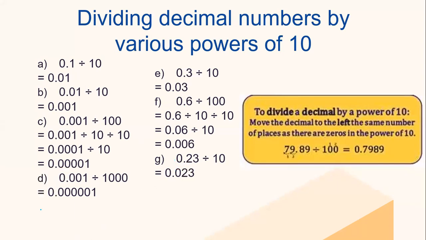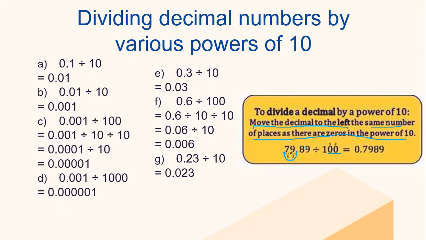The division and multiplication rules are the same. In division, what do we have to do? Move the decimal to the left-hand side the same number of places as there are zeros in the power of 10. That means how many zeros there are in the power of 10, meaning 10, 100 or 1000. Shift the dot that many places left.